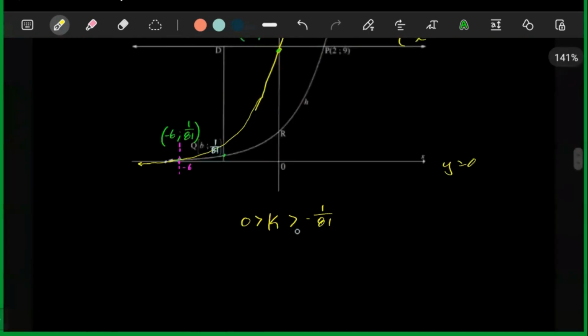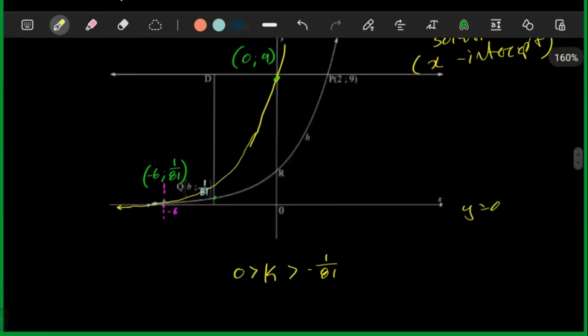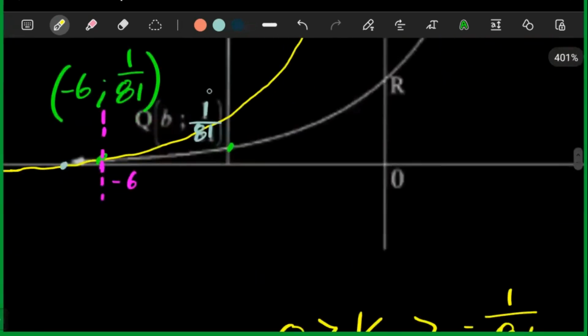The reason why it has to be bigger than -1 over 81 is because if you're moving it downwards, and your total amount that you can move it downwards is 1 over 81, anything bigger than -1 over 81 is going to be a distance that is smaller than this value.